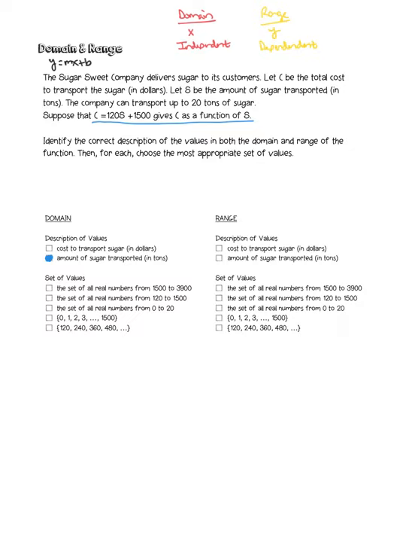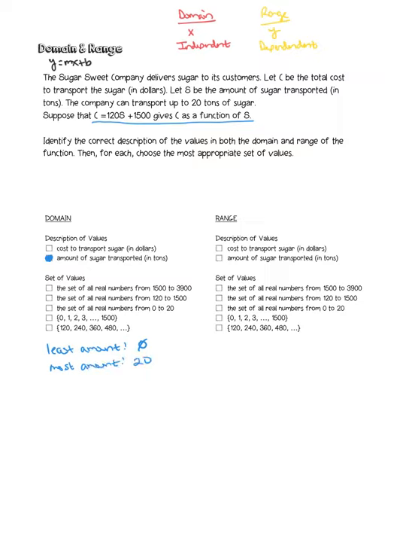Now the set of all values, this is where you have to really read the words. Now, let's think about this logically. What is the least amount of sugar you can transport? Least amount is 0. 0 tons of sugar. And what's the most amount of sugar you can transport? Well, it says up in the words, 20 tons.